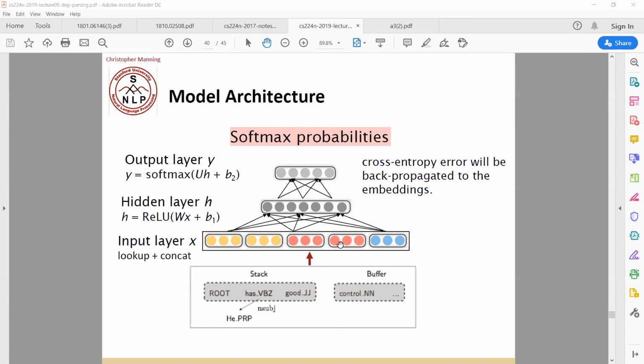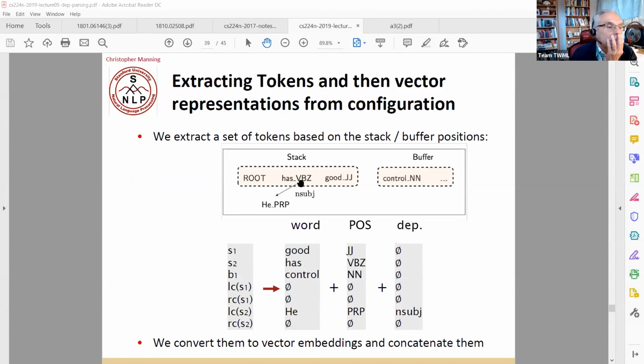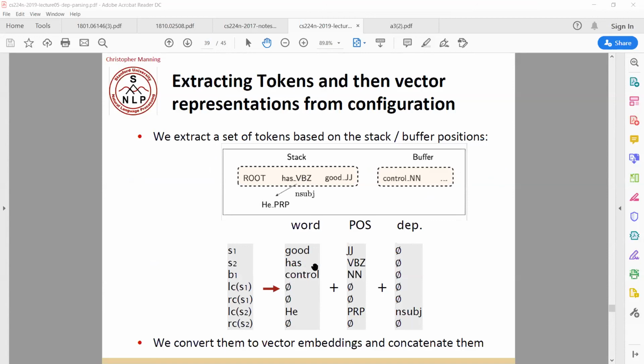If you go to the previous slide, the important thing is that whatever the stack looks like at a particular time, the state of the stack translates into a word, part of speech, and a dependency embedding.